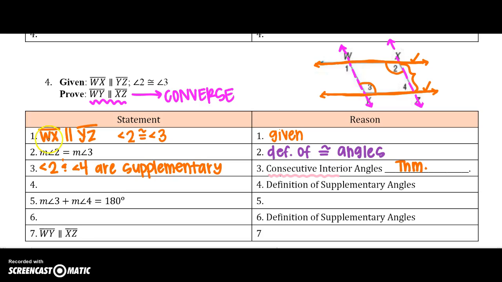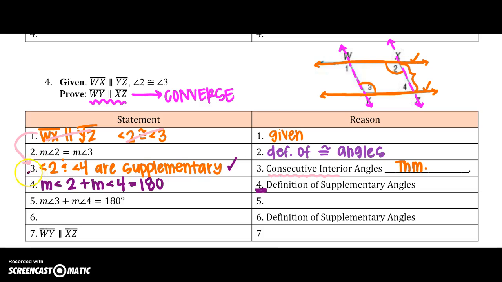So I used that here, and I used that one on number 2. All right, so I have number 2 and number 3 to use. Well, I know if they're supplementary, I also know that the measures add up to be 180 degrees because of the definition of supplementary angles.